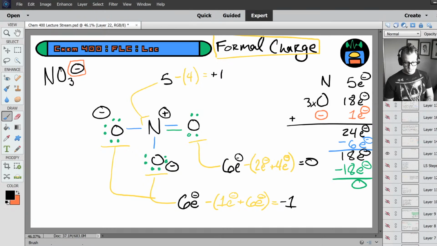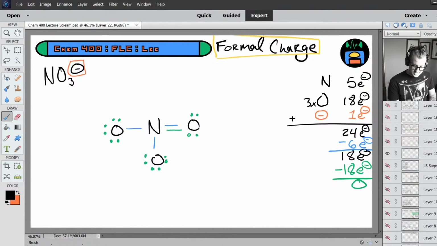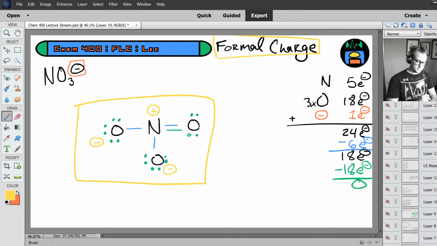All right. Now, this is the Lewis structure for nitrate. And I want to point something out. In the previous 2 examples that we did, there was only 1 charge in the Lewis structures.